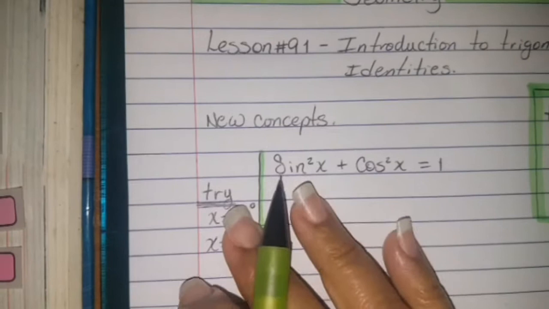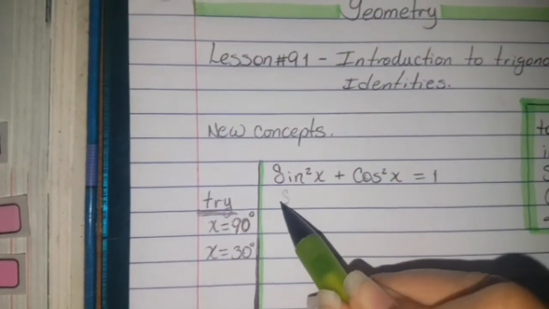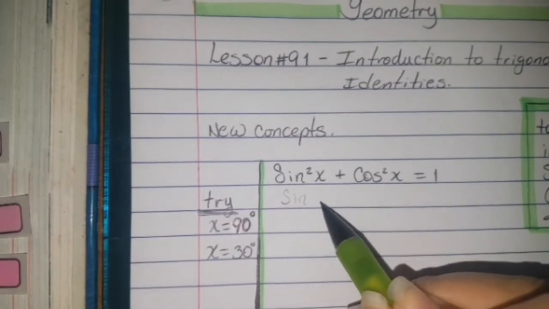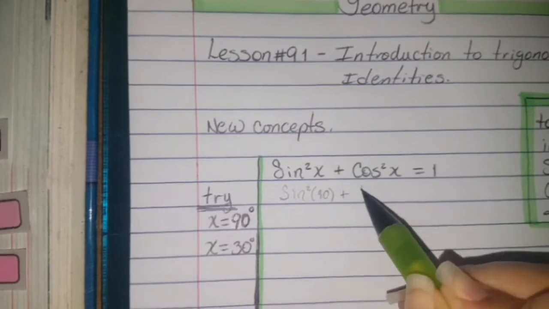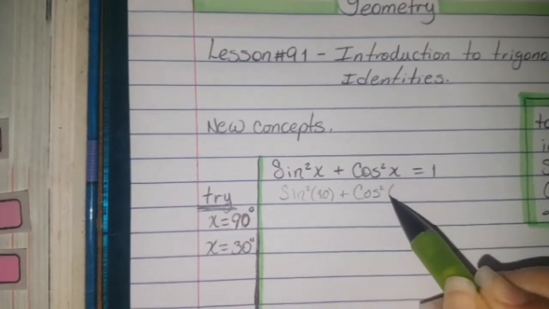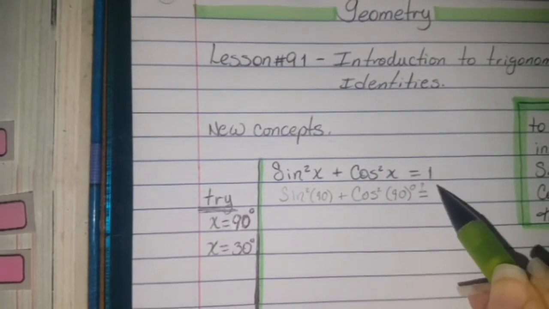Let's begin with 90 degrees. Sine of 90 degrees to the second power plus cosine of 90 degrees to the second power must equal 1.